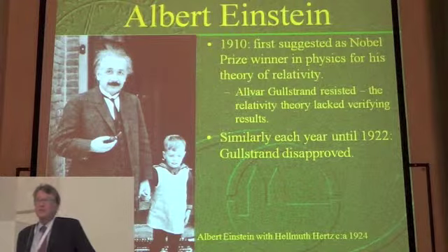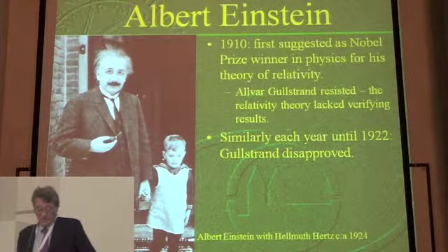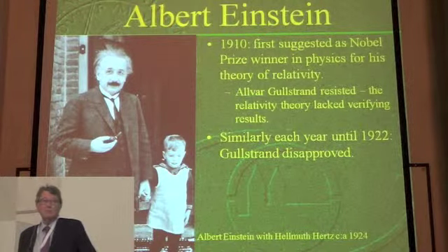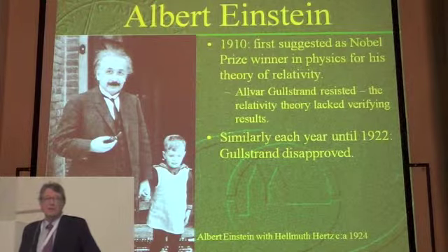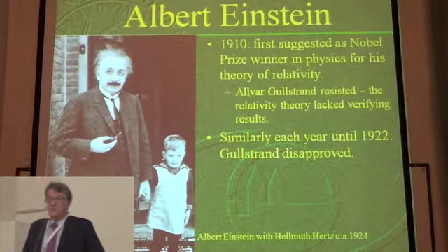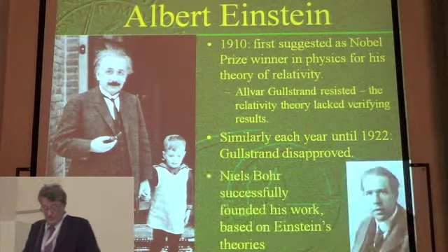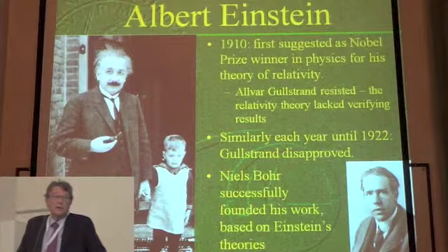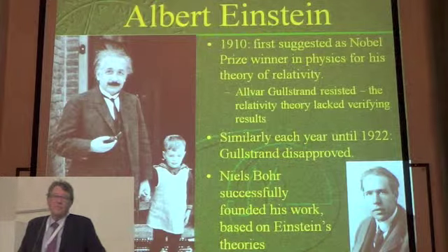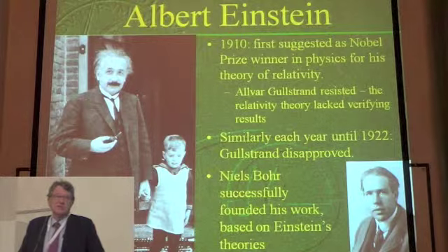But finally, after the First World War, round about 1921, the results had been published about the solar eclipse, the measurements of the bending of the light in the solar eclipse, and most of all, Niels Bohr in Copenhagen had developed his theory on the atomic forces of hydrogen by spectroscopy, based on Einstein's theories.